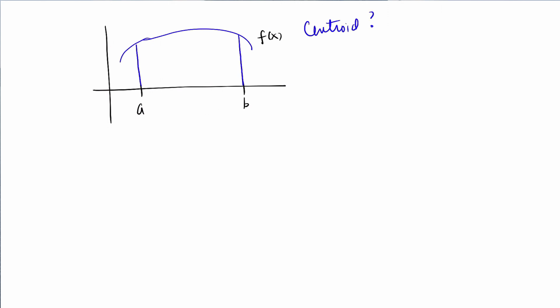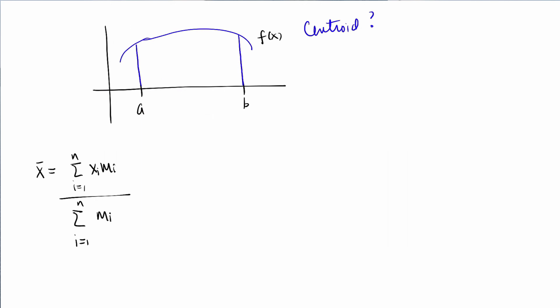Okay, well, we know the formula. We know that the x coordinate for the point mass case is equal to the sum from i equals 1 to n of xi times mi over the sum from i equals 1 to n of mi. So m represents the mass, and xi represents the distance to the y-axis.